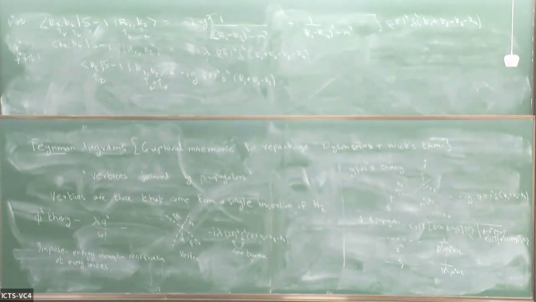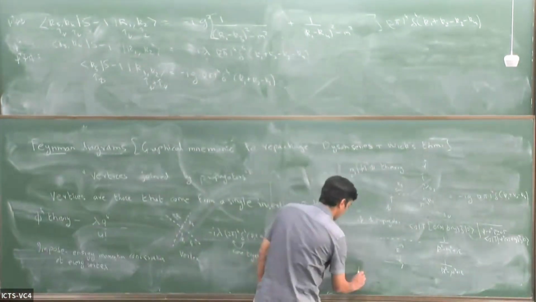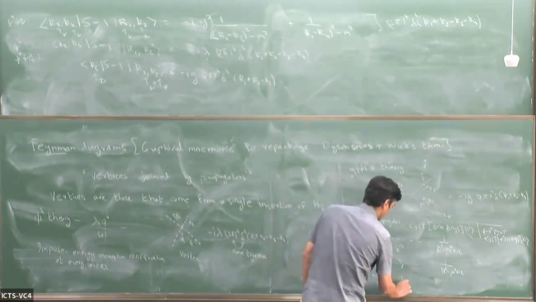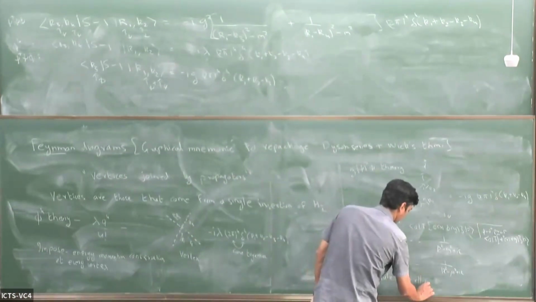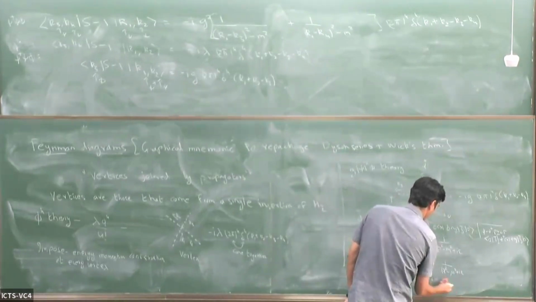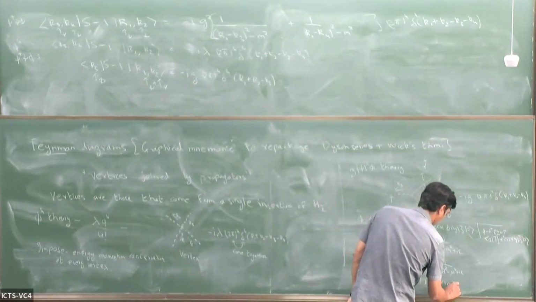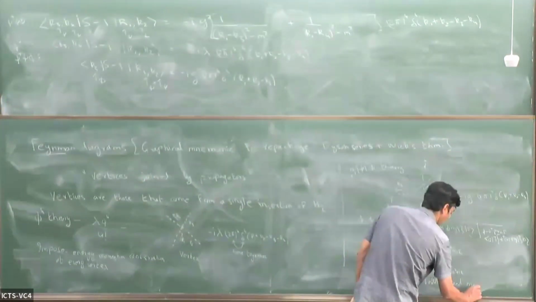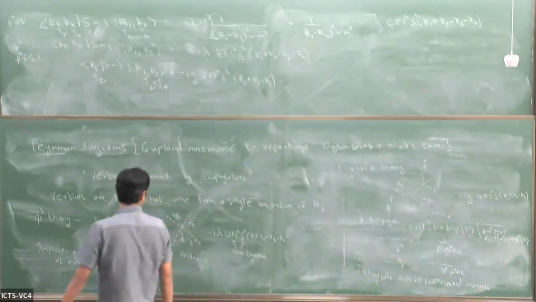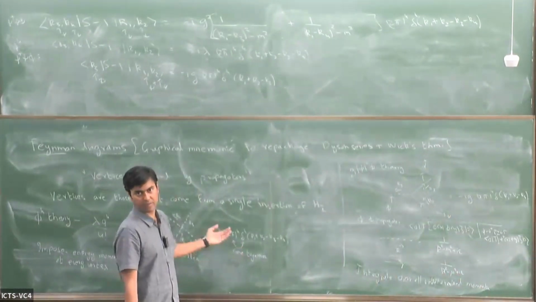The other thing is, the last rule is, integrate over all undetermined momenta. So you see, sometimes it will happen that these integrals become trivial, as we'll see in a minute.